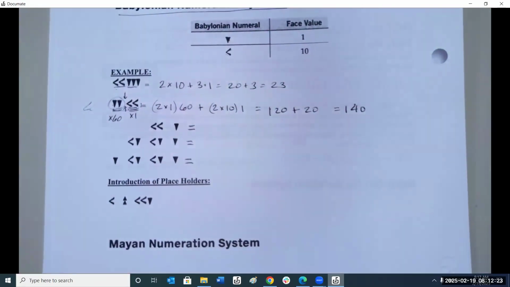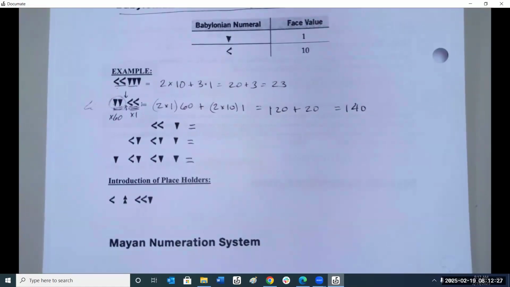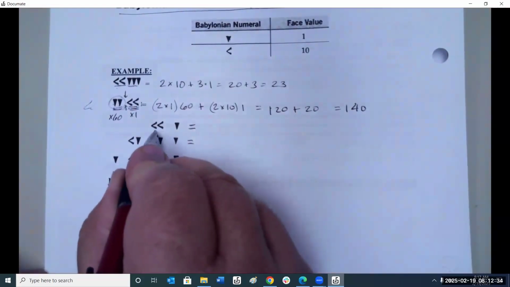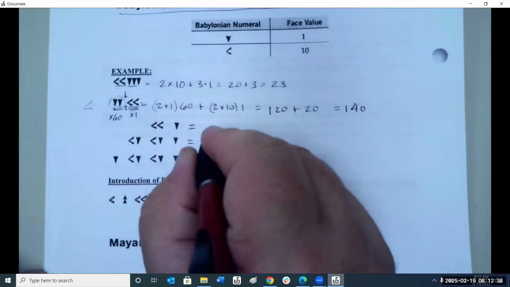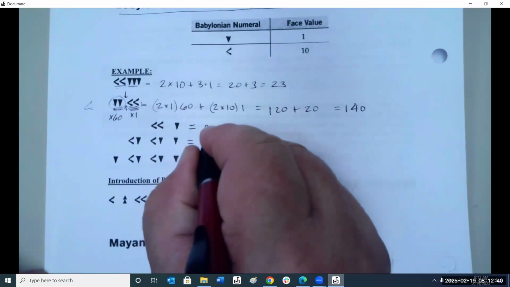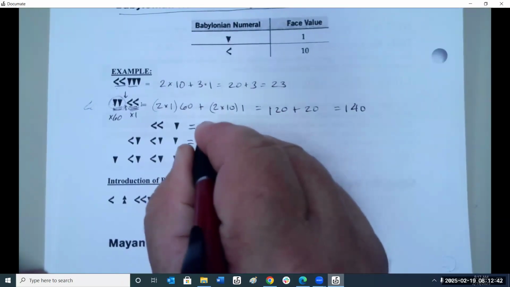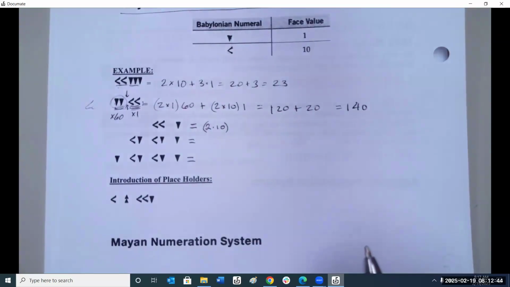Let's convert these. What do these represent? So it's 2 times 10 times what? 60.